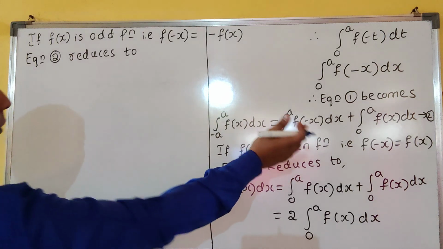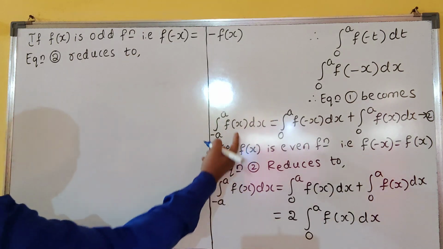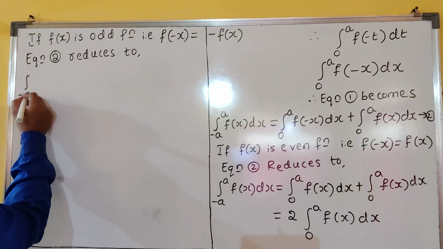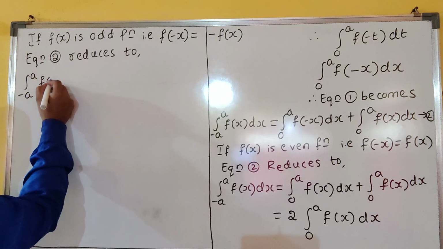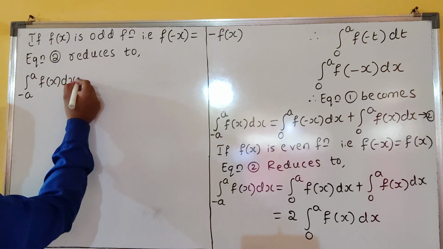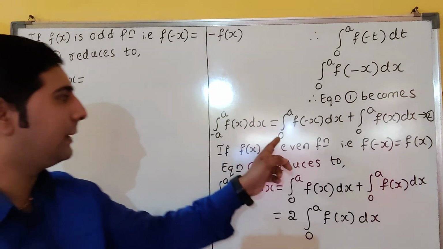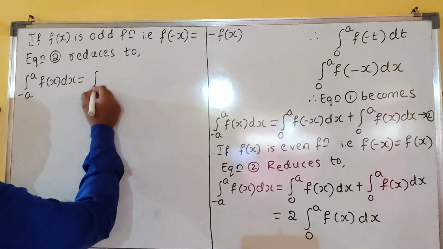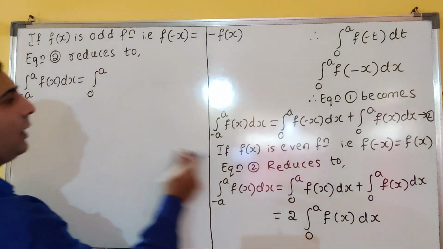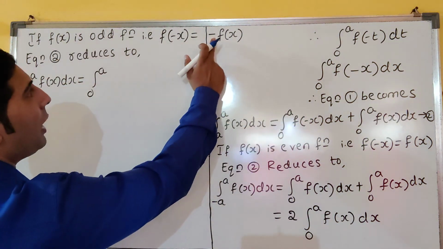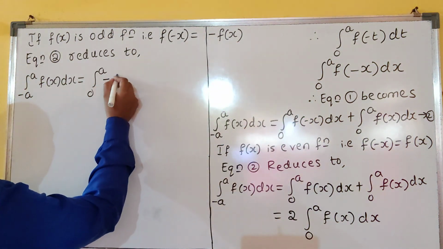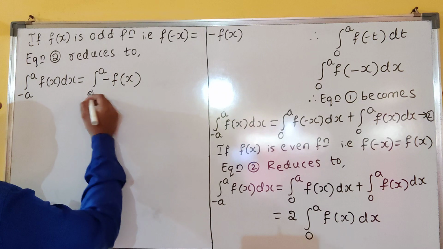So what it will become, you see: minus a to a f of x dx is equal to integration 0 to a f of minus x, which has become what? Minus f of x. f of minus x will become what?